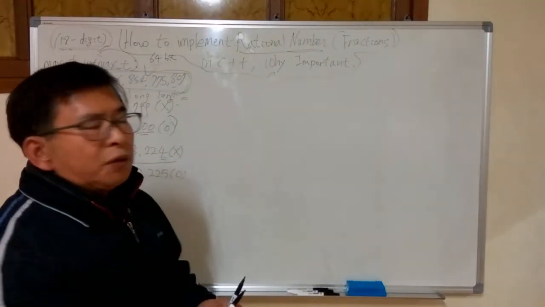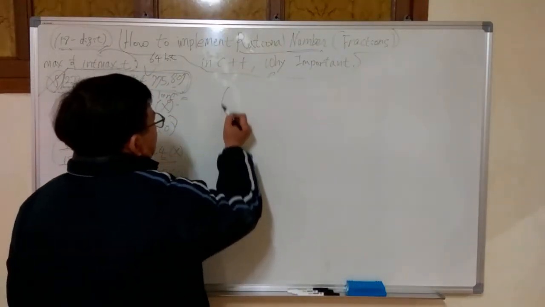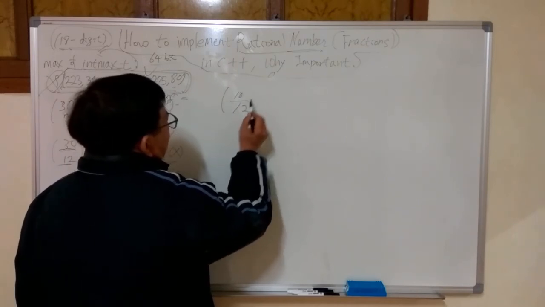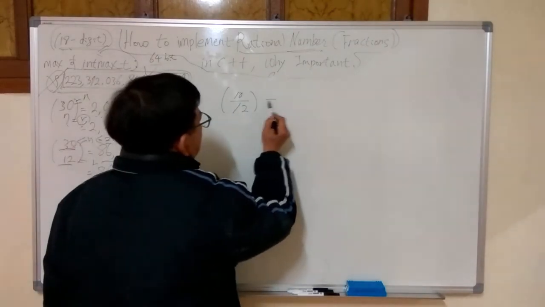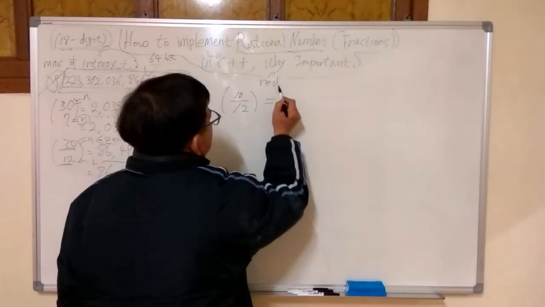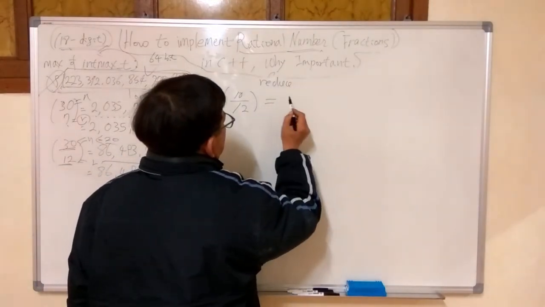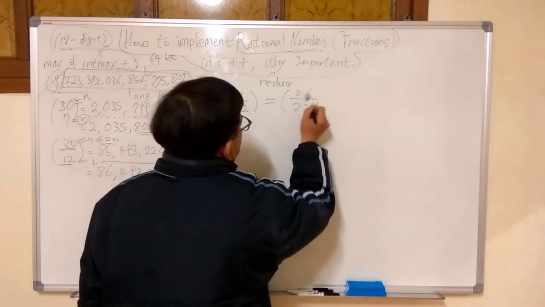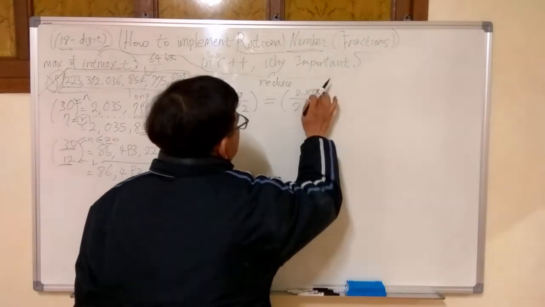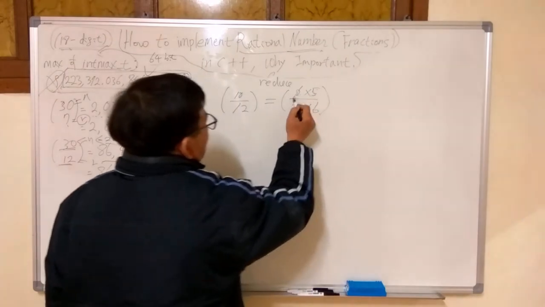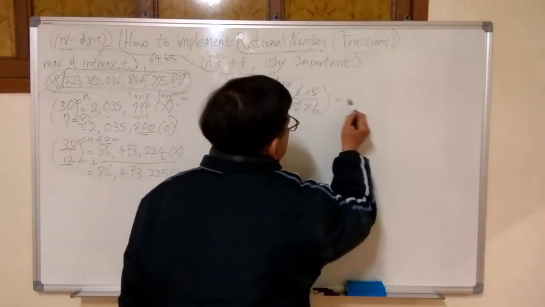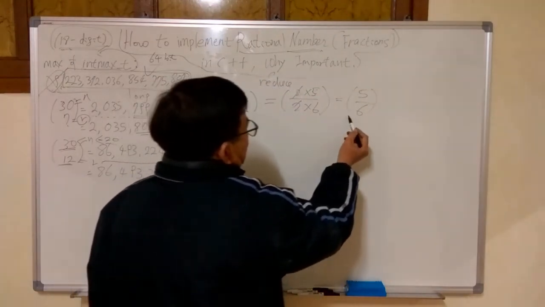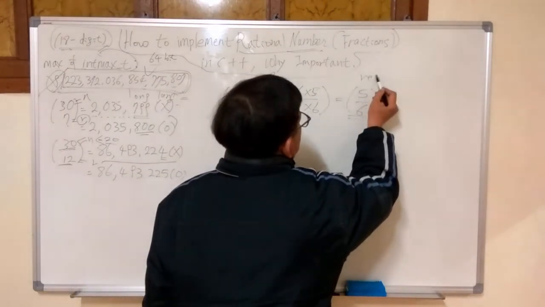For a fraction, for example 12 over 10, we can reduce it like this: 2 times 6 over 2 times 5, then we have 6 over 5. This form is called the reduced form.